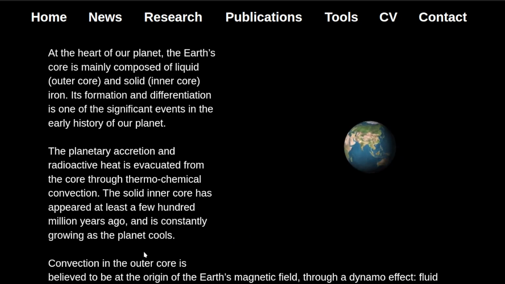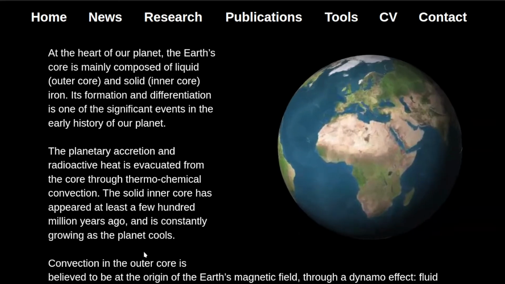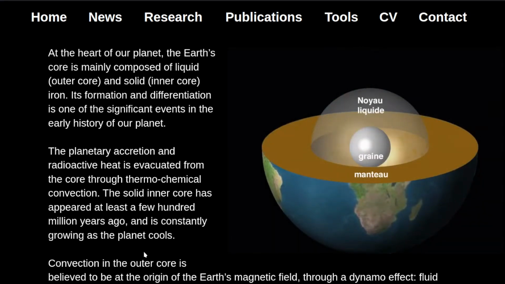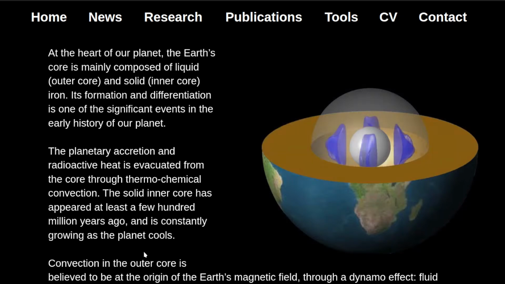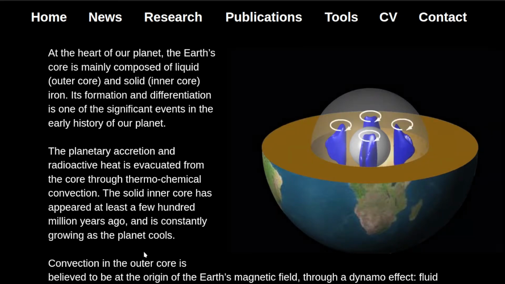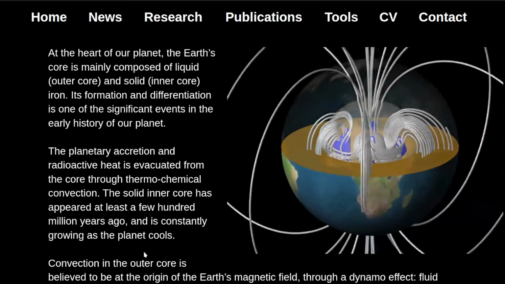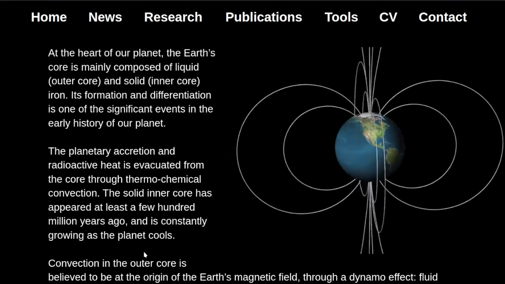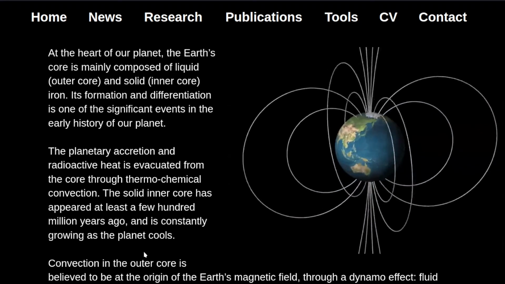at the heart of our planet, the Earth's core is mainly composed of liquid in the outer core and solid in the inner core, iron. Its formation and differentiation is one of the significant events in the early history of our planet. The planetary accretion and radioactive heat is evacuated from the core through thermochemical convection.